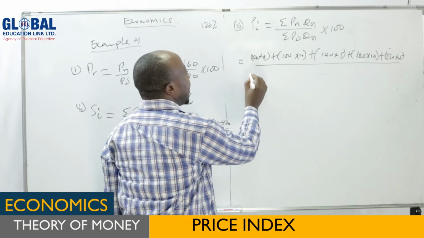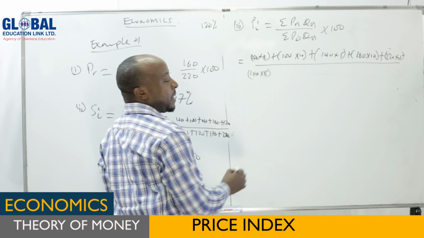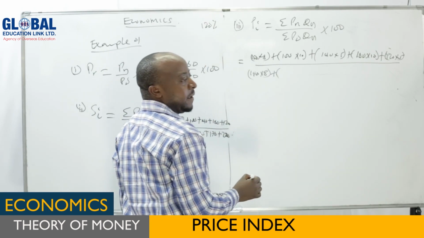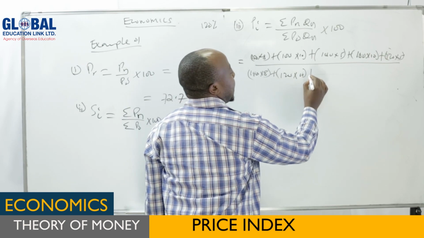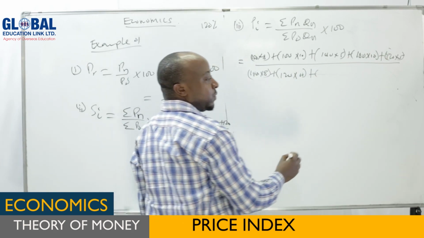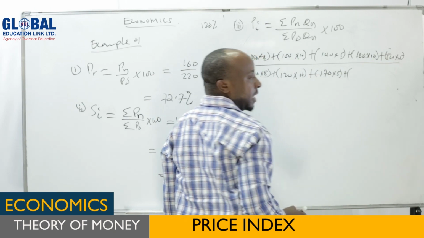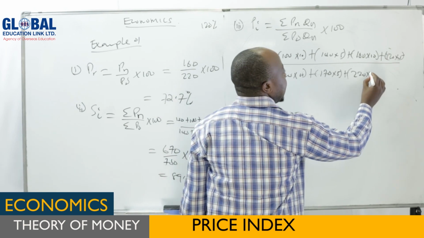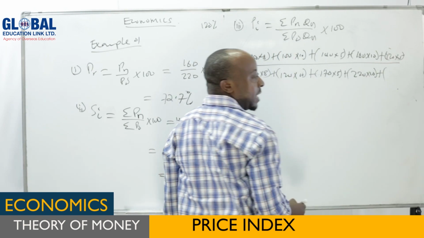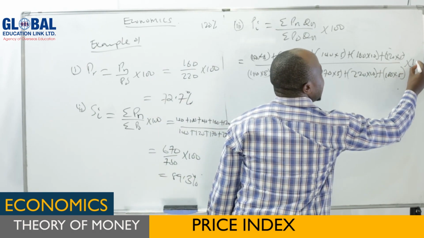So it will be again 140 times 8, then plus 120 times 10 plus 170 times 5 plus 220 times 10, then plus the last one, which is 100 times 5, and all of these times 100.